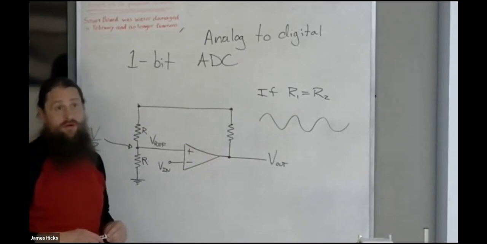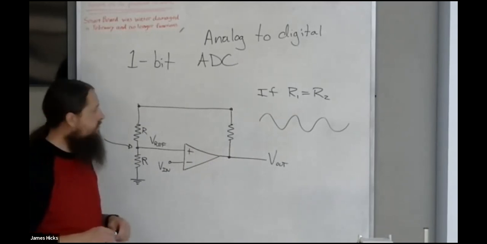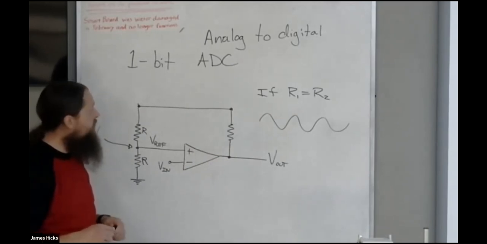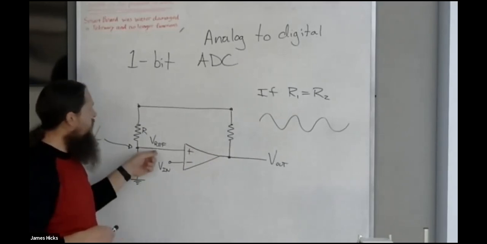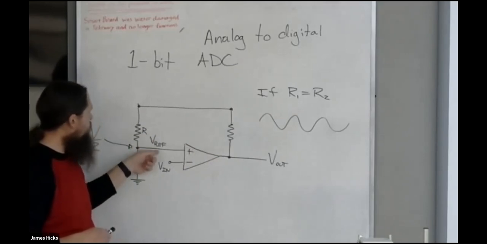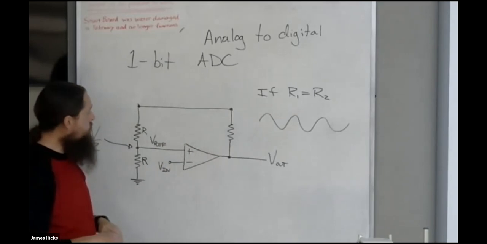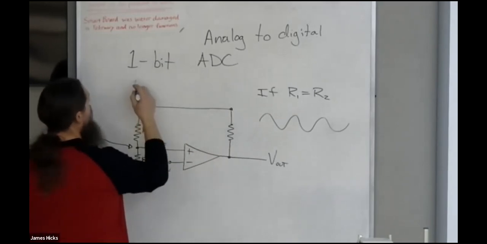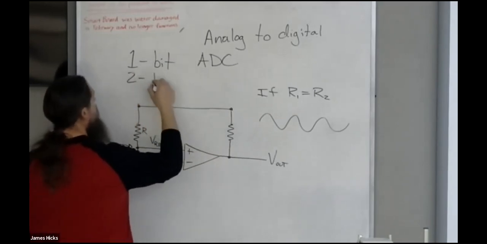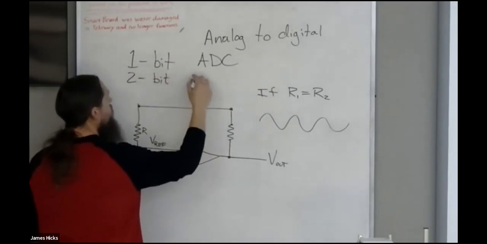How could we make that better? Here, I'm just choosing one point, like higher or lower. How would I do a 2-bit?